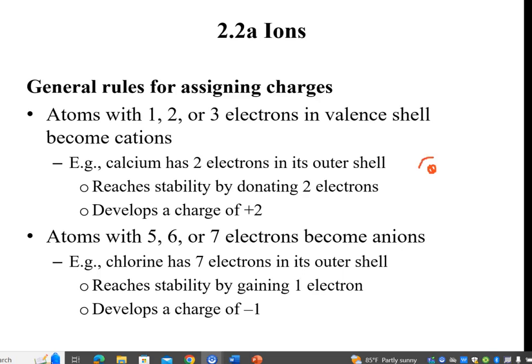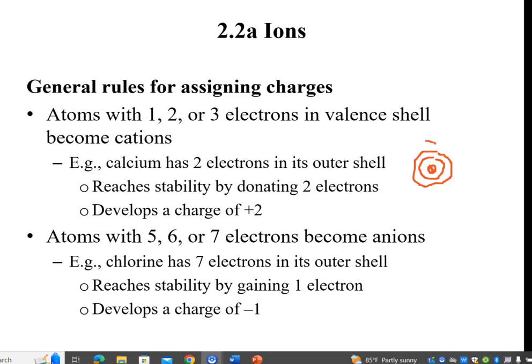Here's the inner shell, which has 2 electrons in it, right? Here's the middle shell of calcium, and it's complete. It has 8 electrons in it. Every shell has to be filled before you can go to the next shell. So we know this shell has 2 electrons, and this shell has 8 electrons.